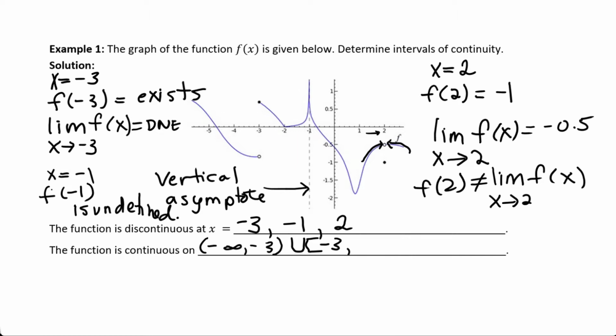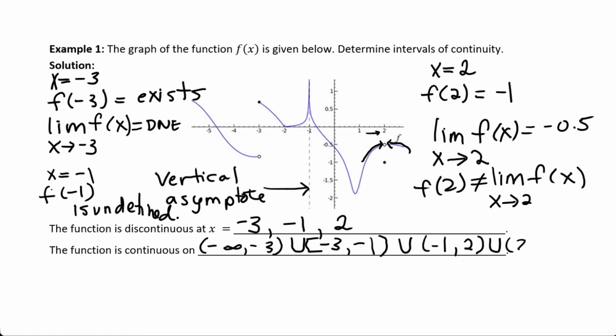And the graph continues indefinitely to -1, but it never actually reaches it, so you use a parenthesis. The graph of the function resumes again at -1, sort of, and it is smooth and continuous until you get to 2, but 2 is not included, so we'll use the open parenthesis.